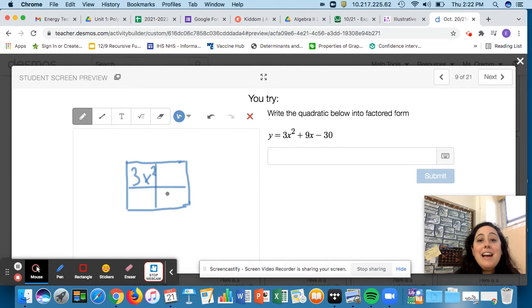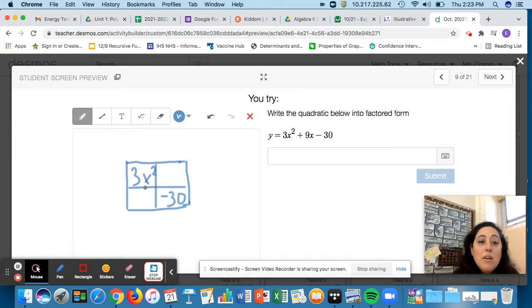Okay, and then I know that this last term, this negative 30, will go in the box on the bottom right-hand corner. Okay, so I've got 3x squared, I've got negative 30, and I know that the factors that I put to the left and on top have to multiply to give me that term.